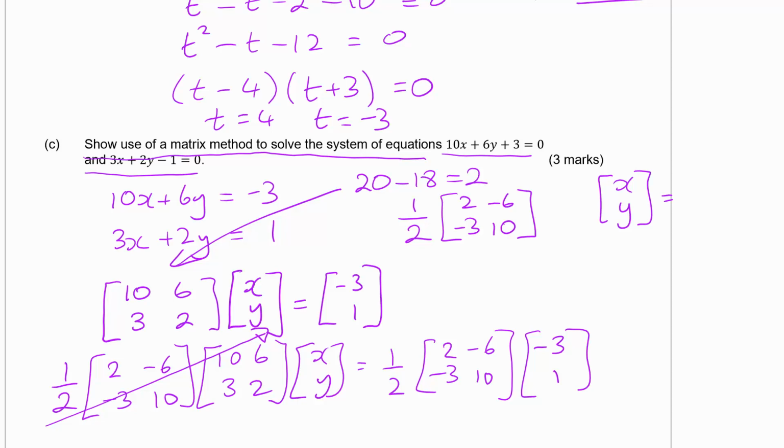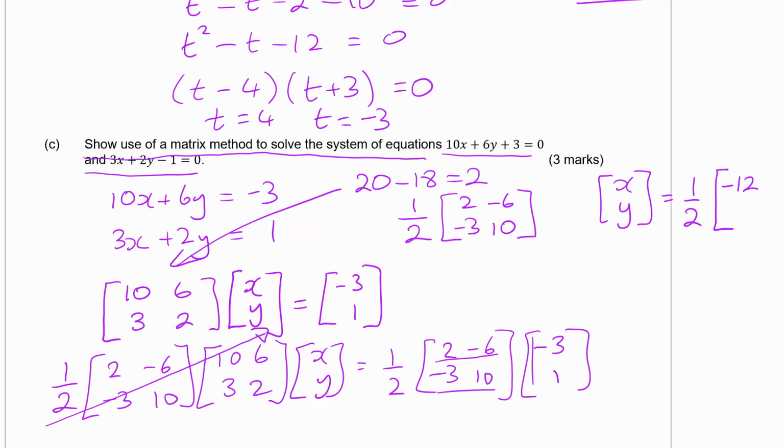On the other side, we're going to have a half, and then let's do some expanding. So top times this matrix. So we've got 2 times -3 is -6, and -6 times 1 is -6. If we add those, we get -12. And then using the bottom, we've got -3 times -3, which is 9.